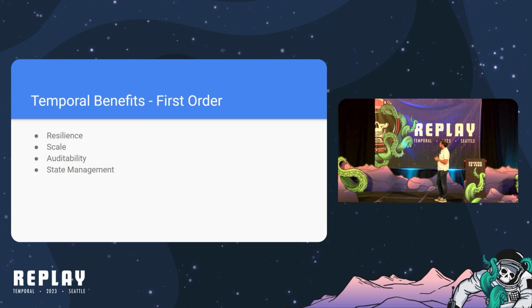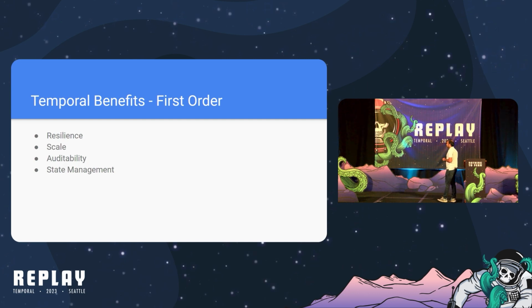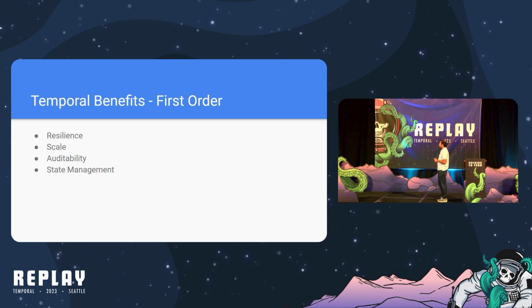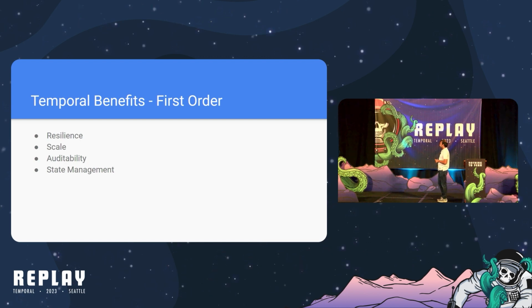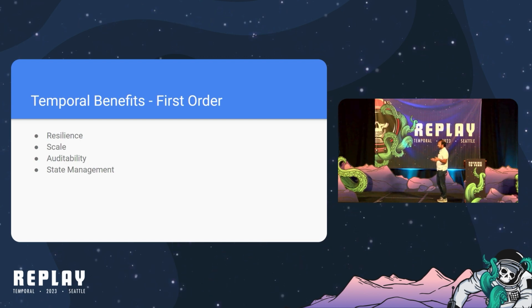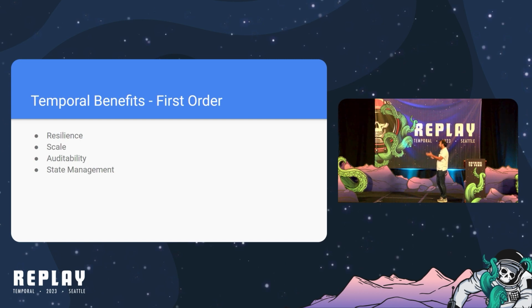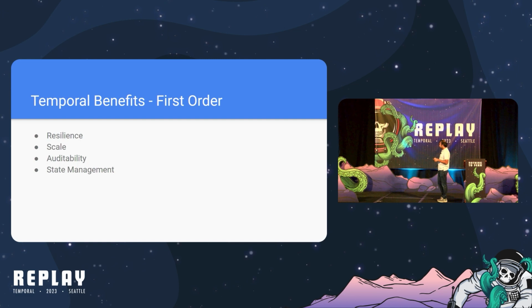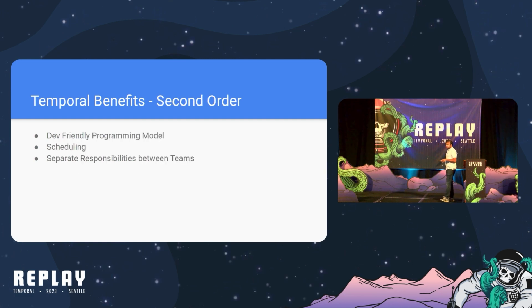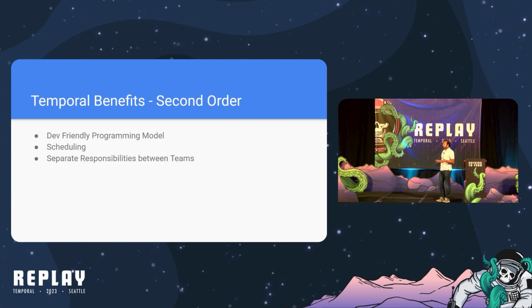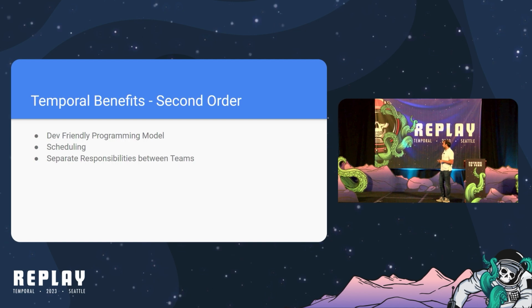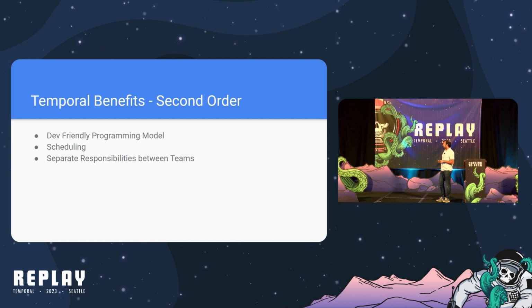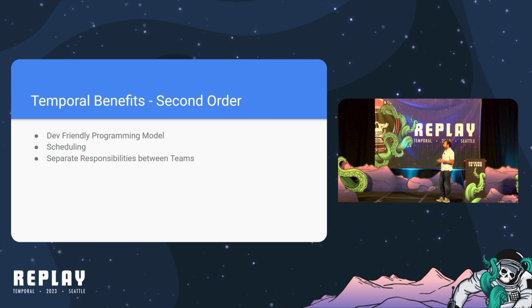And auditability: you want to see what really happened and maybe store it for 7 to 10 years. And state management. Obviously, some of the platforms that we discussed are storing some state and then dispatching and moving transactions. The second-order Temporal benefits are that it has a dev-friendly programming model. Developers can onboard easily.